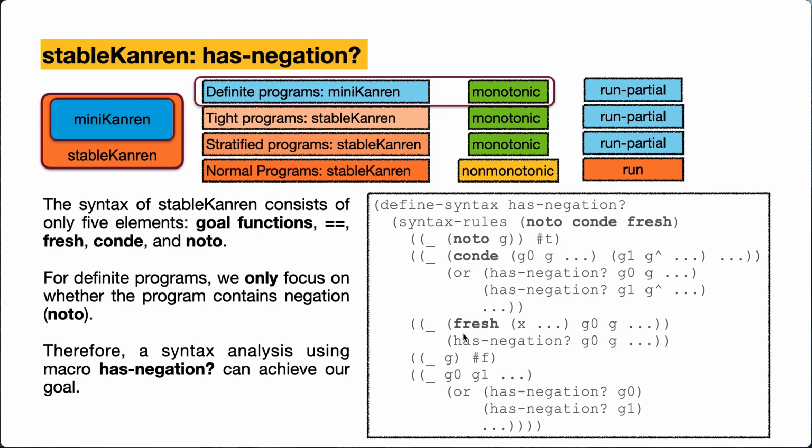Otherwise, for example condy and fresh, they're just compound formulas. We just iterate through them using the same has negation until we reach the base case, like the go function. If we only have one go without the nottle keyword, this is false, there's no negation inside. Or we just or everything together, so it can tell us whether there are any negations in there.